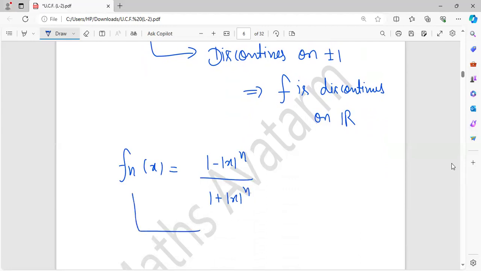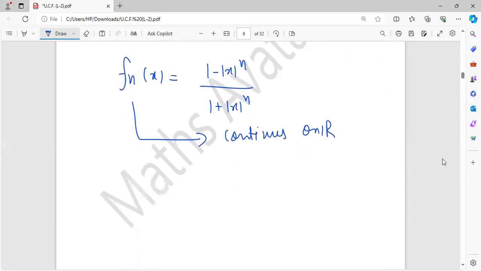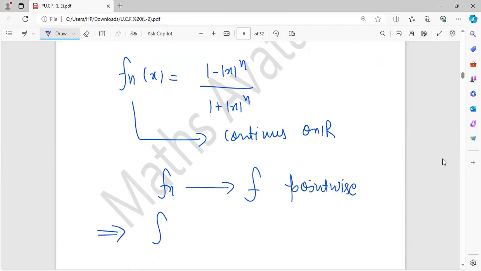So each fn is continuous on R. So we know that each fn is continuous on R, its pointwise limit is discontinuous on R. And we have fn converging to f pointwise, where each fn is continuous and f is discontinuous. What can you say? That fn does not converge to f uniformly, by the conclusion.